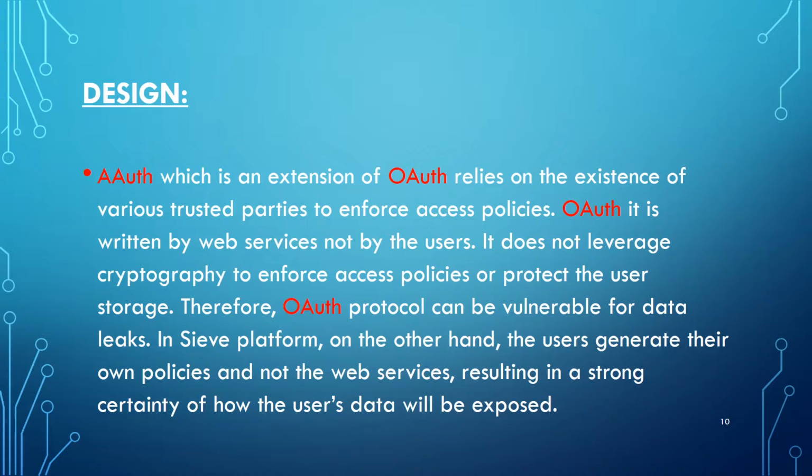Therefore, the OAuth protocol can be vulnerable to data leaks. In the Sieve platform, on the other hand, the users generate their own policies, as they specify here, and not the web services, resulting in a strong certainty of how the user data will be exposed. In other words, the user has total control over how to expose your data. It's up to the user.